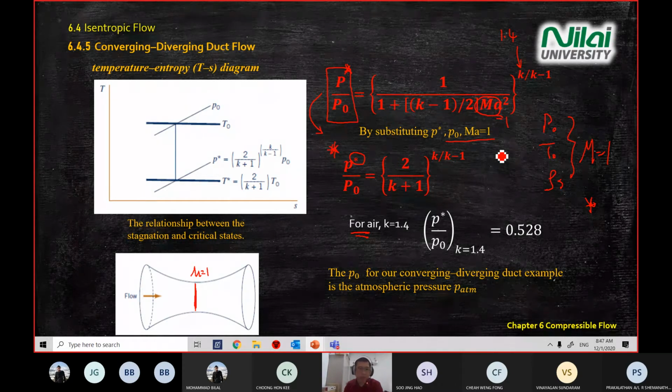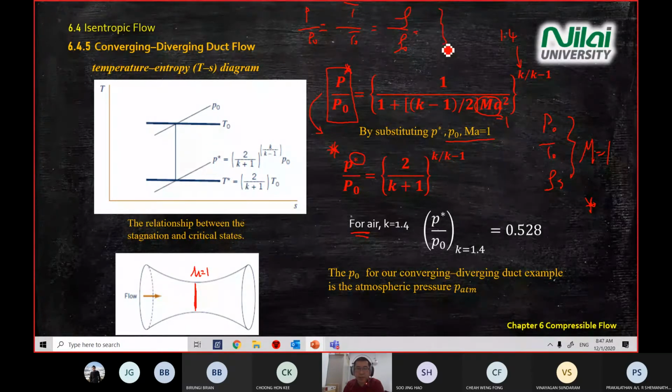So there are two important things just now. For the last 20 minutes, we have been mentioning P over P0, T over T0, and the density ratio with all the equations, right? All these three when we have a compressible question. And every time we ask you about a choke point, straight away you modify all these equations with the star for the top parameter.